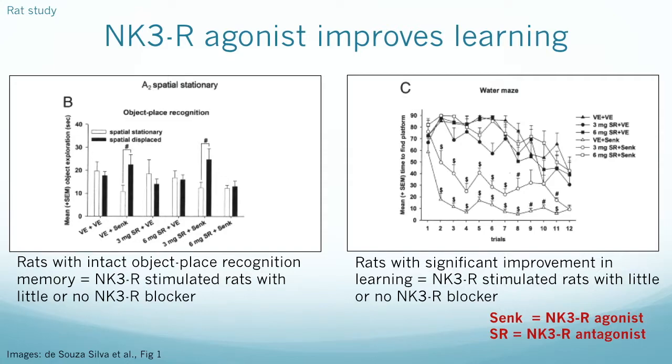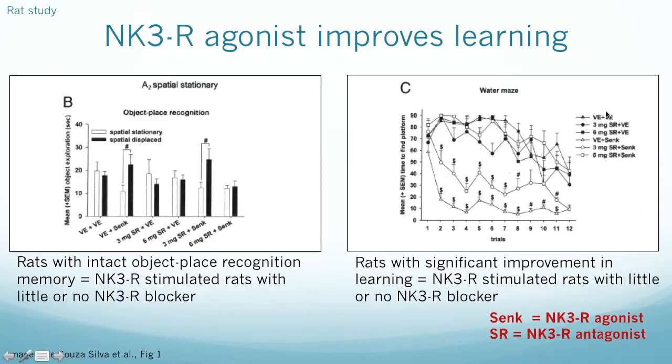But this effective memory enhancement in aged rats after neurokinin 3 receptor stimulation was blocked by a neurokinin 3 receptor antagonist, which is what this SR stands for or represents here. So in other words, we no longer see a height difference between these two bars, whereas before we did see a significant height difference. This suggests that the memory enhancement we saw in the rats treated with senktide is neurokinin 3 receptor dependent.